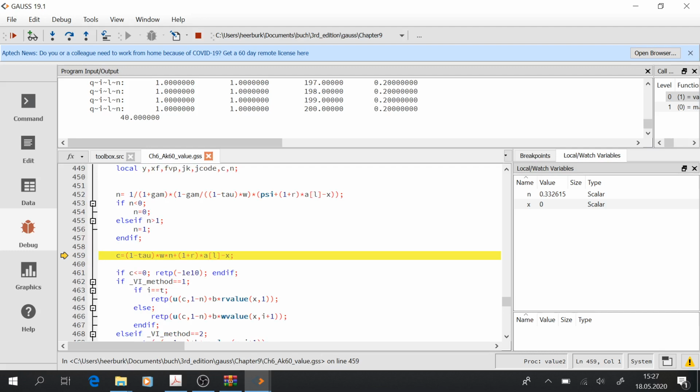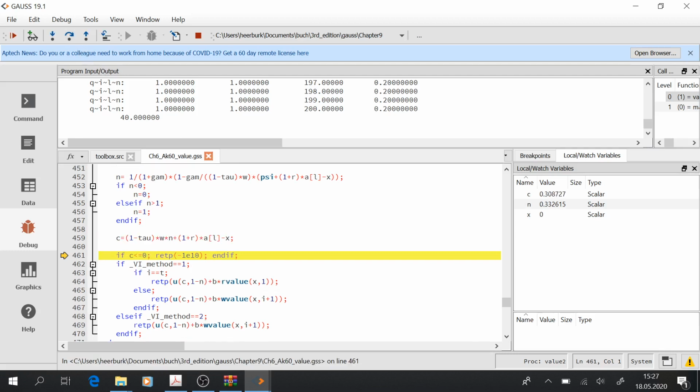We can compute consumption. So we have labor income 1 minus tau times W times N. We have interest income R times A. A is equal to 0. And we have next period assets level of 0. So this gives us consumption equal to 0.308.